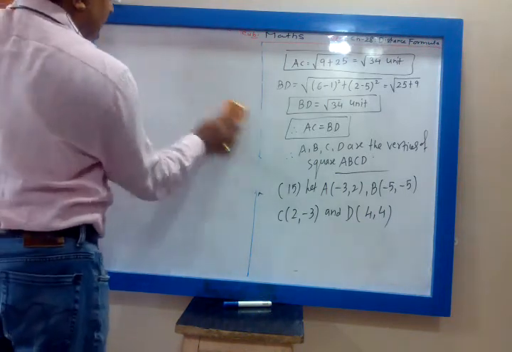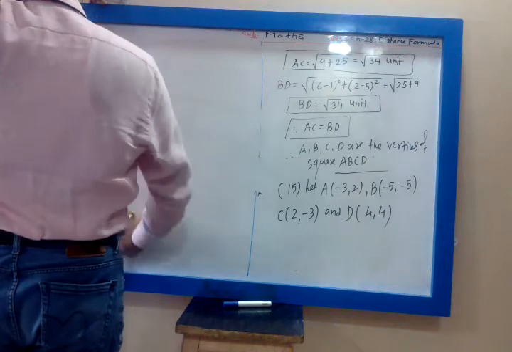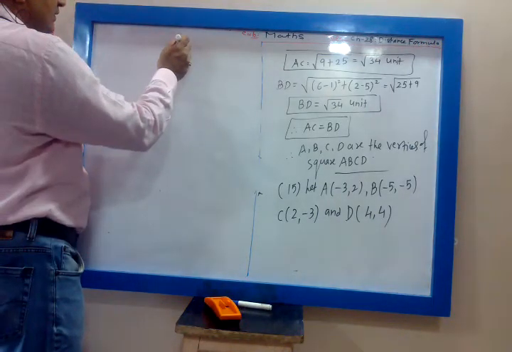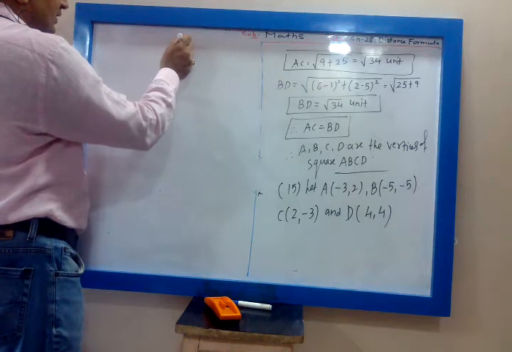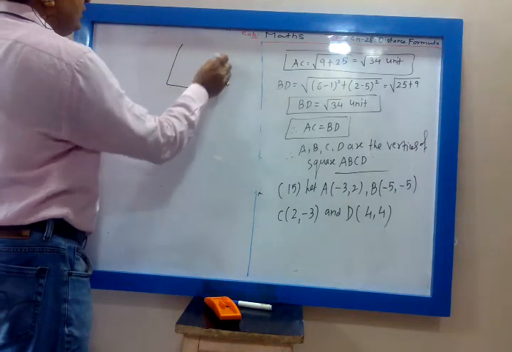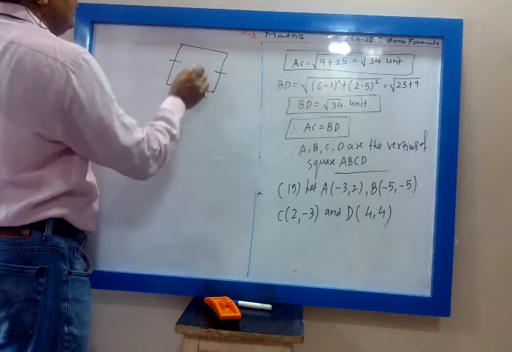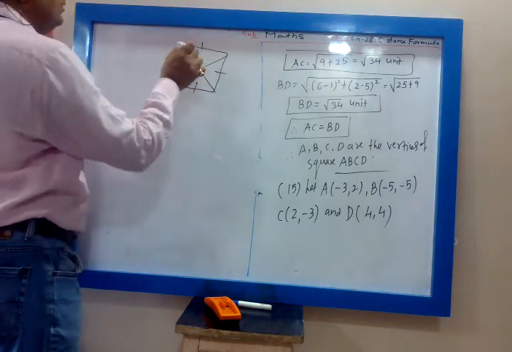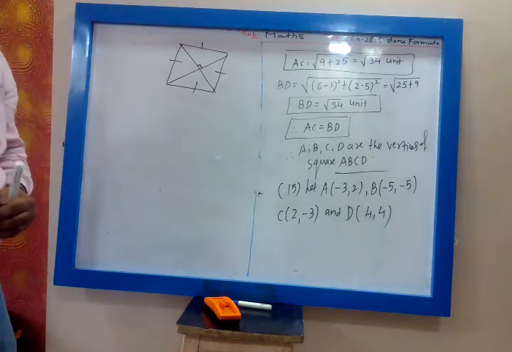Okay. Now see the difference. If you see the rhombus, all the four sides are equal, and there is one more condition, diagonals are equal and they are perpendicular bisector. Is clear?